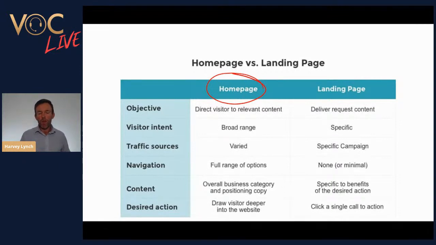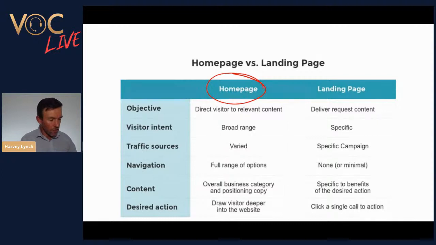Because let's think about that for a moment. The greater your database, the more you have to build relationships with those contacts over a period of time, to the point where, when they are ready to buy, your relationship is quite strong. They know who you are, you're front of mind, and they're ready to actually do business with you.